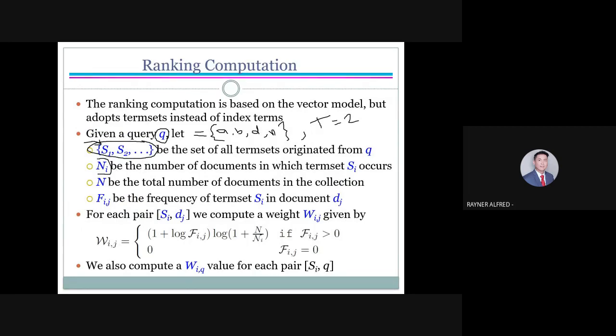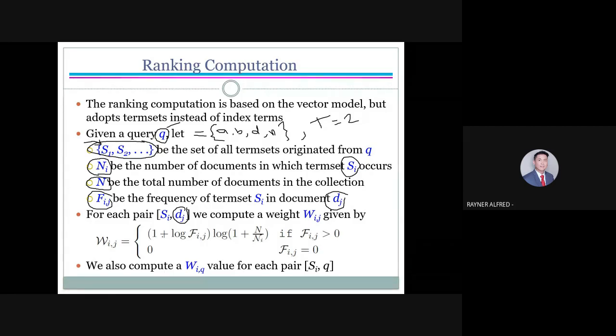Okay, so this is the definition that we have. This one refers to the number of documents in which term set Si occurs. This is the total number of all documents. This is the frequency of the term set in the document. Remember that when we perform ranking, we always want to compare the query and the document.